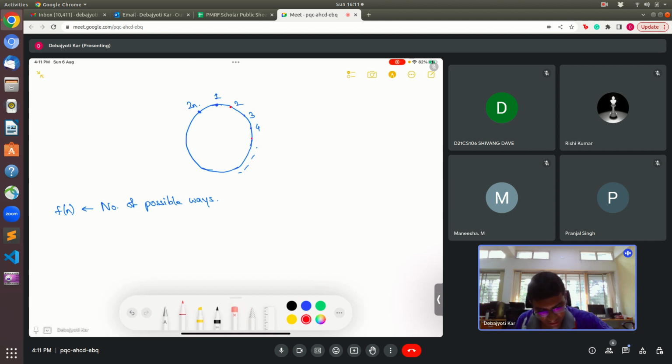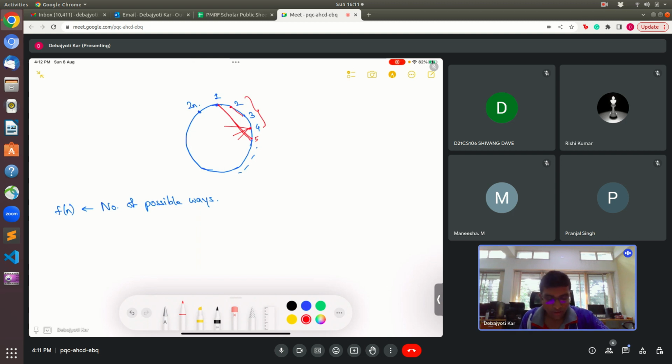There are an odd number of points here. So even if you match, let's say, 2 to 3, there will still remain one point unmatched here, and that you cannot match to any point here, because then it must intersect the line joining 1 and 5. Like this you can argue for any number.